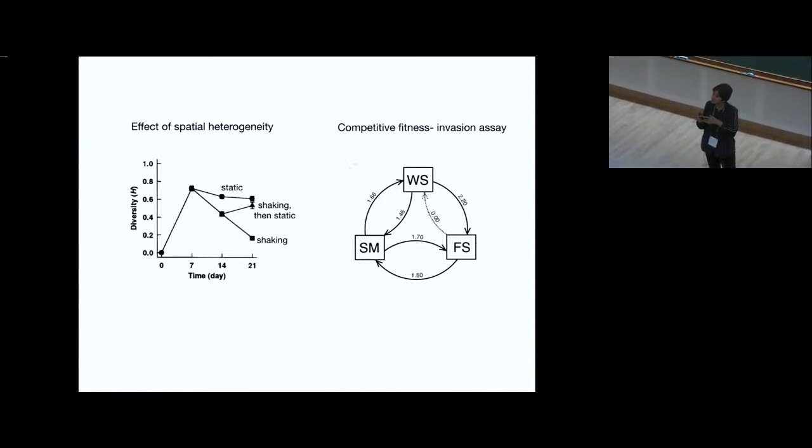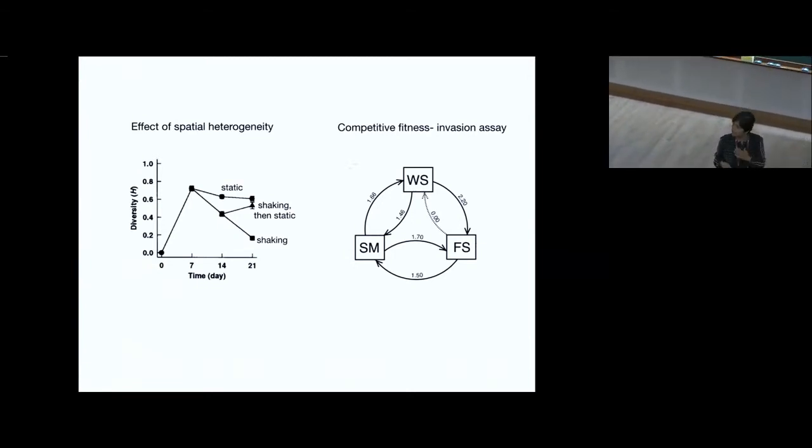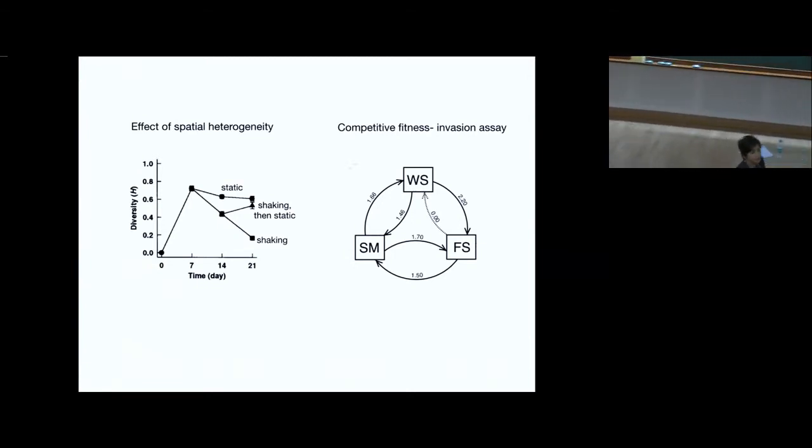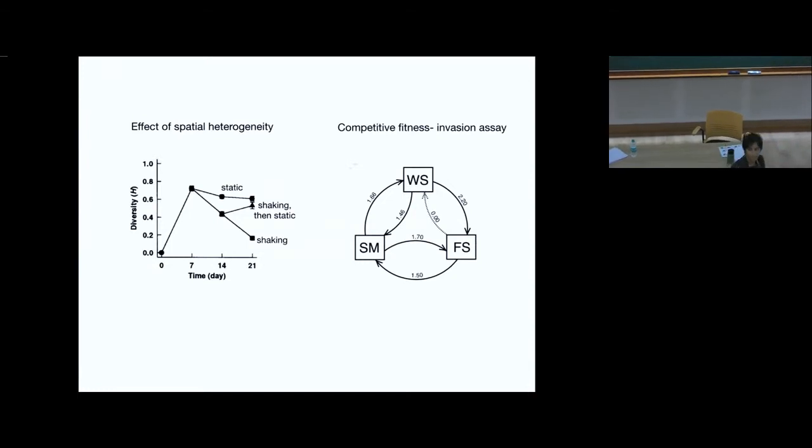But now if you start shaking it, the WS is still WS. It goes extinct until the point where it gets some new mutation and becomes SM. Does that make sense? So they have shown here very clearly in the paper that it is not plasticity, it is hereditary, and that's important.